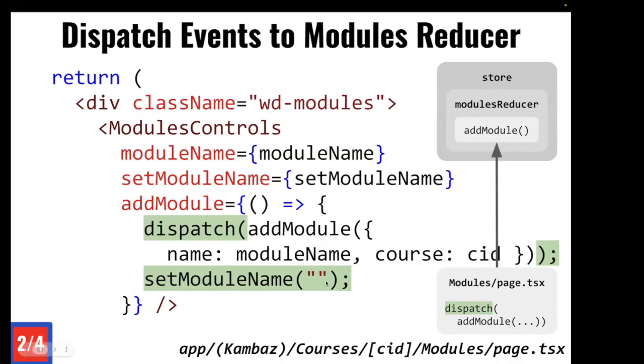Locally, we are going to clear out the module name that we are editing. Remember, this is also an example of collaboration between global state and local state. In our local state, we are keeping the editing of the module name in a local state variable. So that stays.